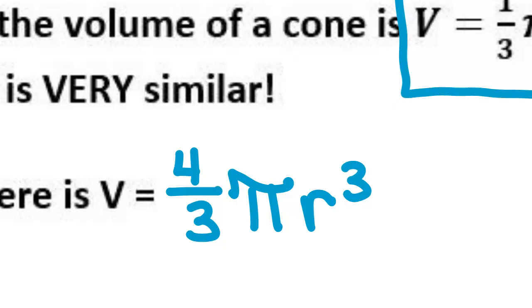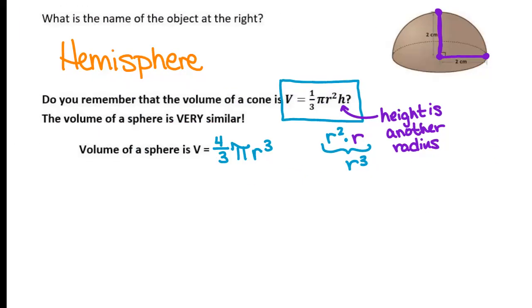So basically the volume of a sphere is the volume of a cone 4 times over. We could fit the same volume of 4 cones into one sphere if their radii are the same size and the height is the same as the radius. All right, so 4/3 pi r cubed.